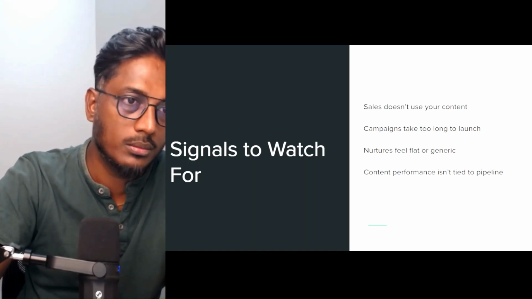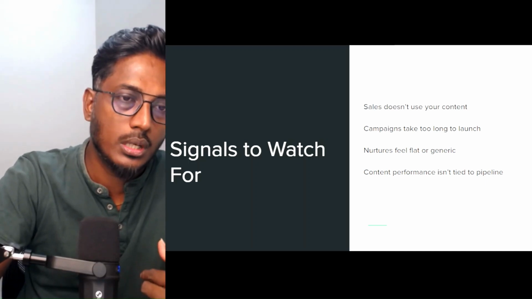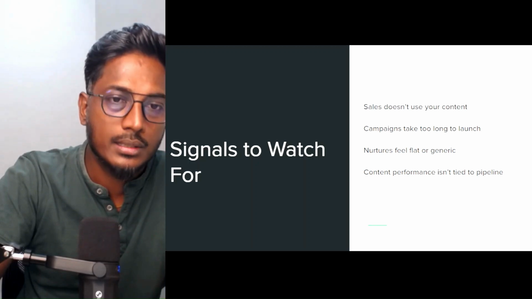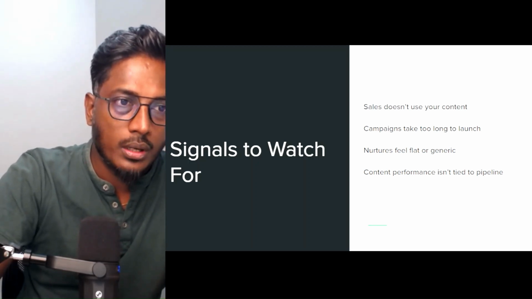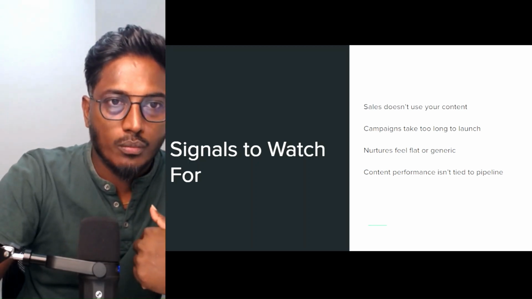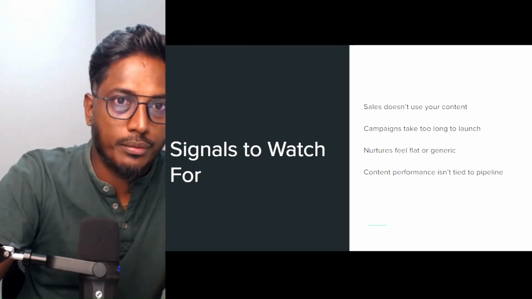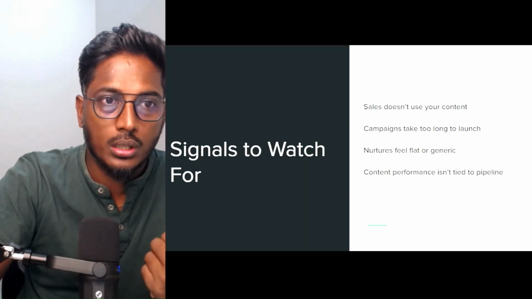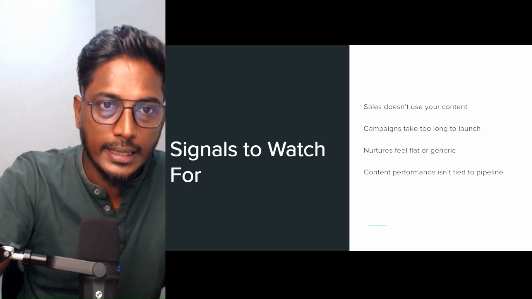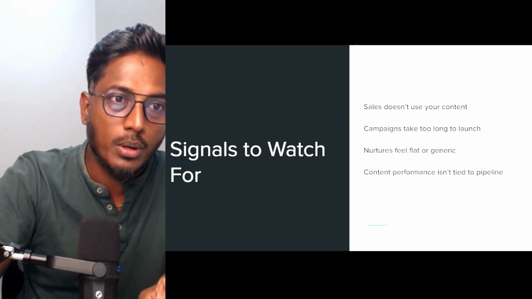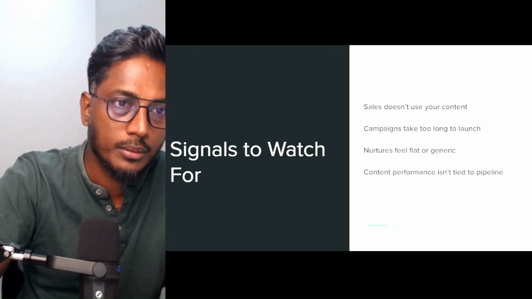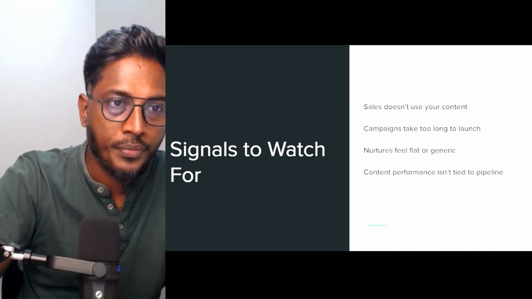You are seeing engagement happening, downloads are happening, form fills are happening, but the lead is stuck in that same stage, right? No signal is saying that that particular prospect is ready for more. If you are generating interest but not moving those leads through the funnel with the content, the problem likely is not the content itself, it's how it's being deployed, how it's being used, right?